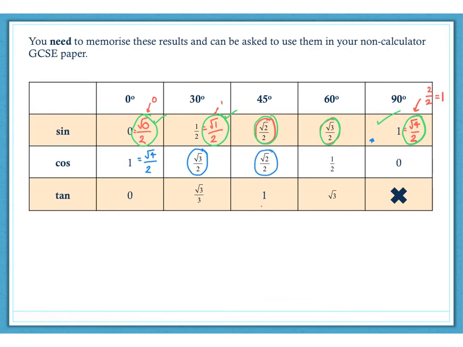The cosine of 60 I'll rewrite as root 1 over 2, and the cosine of 90 I'll rewrite as root 0 over 2, using the same justifications we did for sine. So, root 4 over 2, root 3 over 2, root 2 over 2, root 1 over 2, and root 0 over 2. It follows the same pattern as sine, but backwards, so in reverse order.